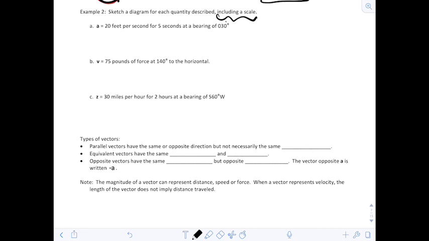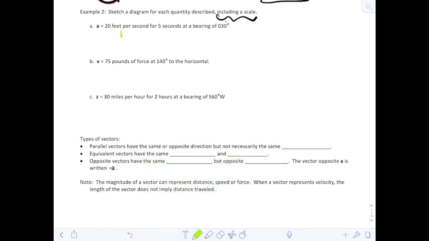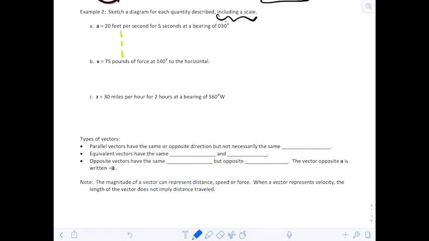So vector A we're going to draw, it's 20 feet per second for 5 seconds at a bearing of 0, 30 degrees. So here is my north bearing, and 30 degrees might be maybe about here. Now, when I go to label the magnitude, it says we have a speed of 20 feet per second.